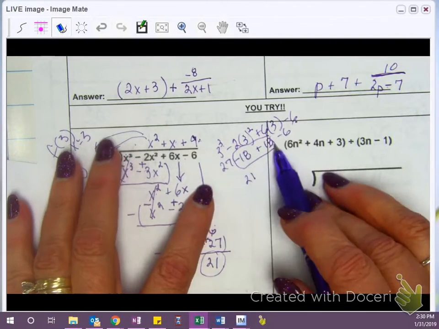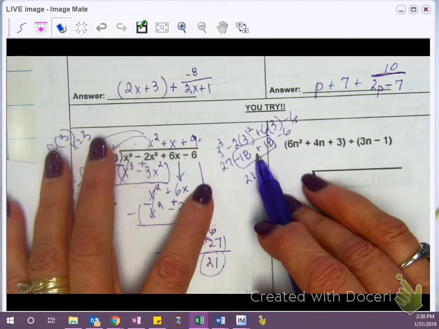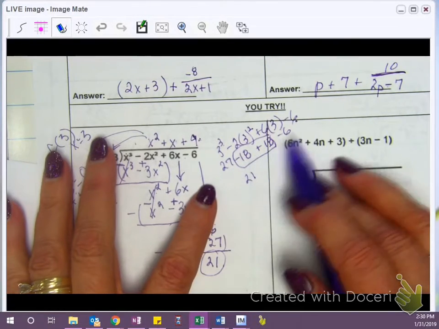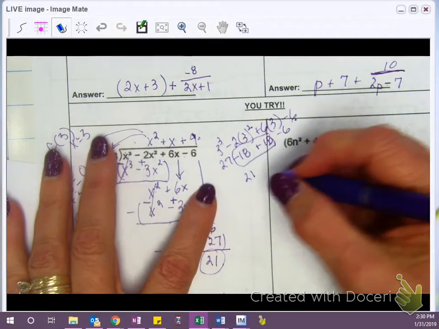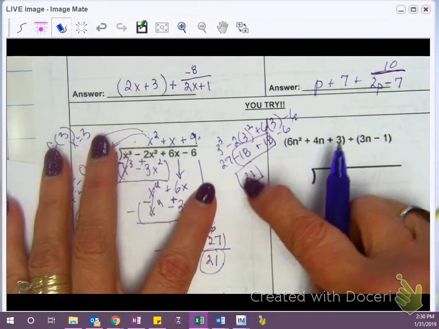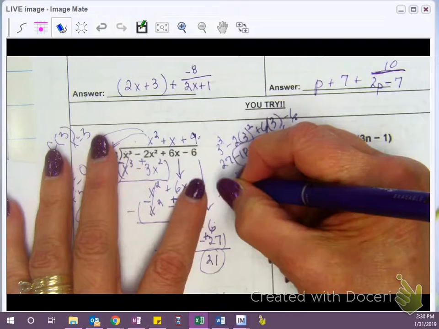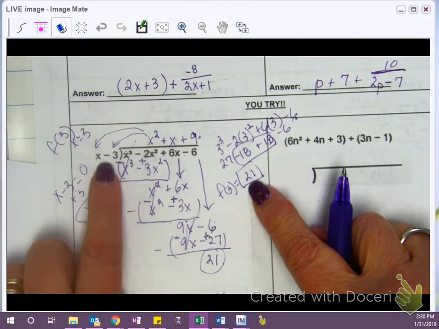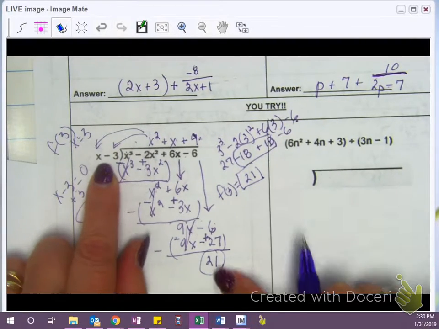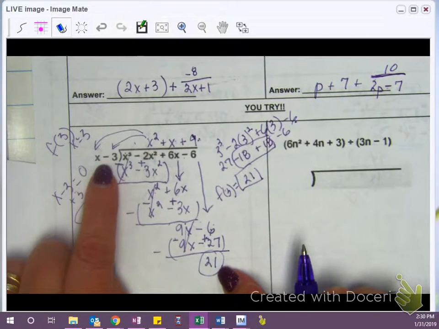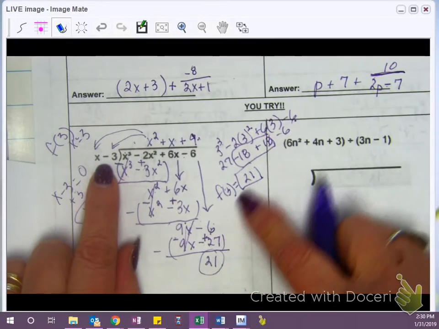So the minus 18 and the plus 18, that's 0. 27 minus 6 is 21, right? So f at 3 is equal to 21. And when we divided by x minus 3, we got a remainder of 21. This will always be true.